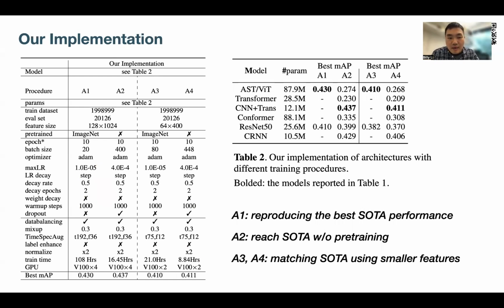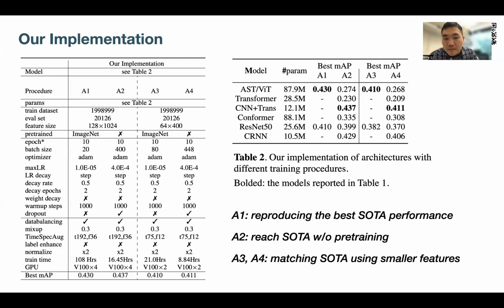Given all that intuition, we have our own implementation of six different models with drastically different parameter sizes. Interestingly, without pre-training, convolutional and transformer architectures, the eventual performance of these well-trained models can catch up with the AST and ViT equivalents, where the ViT models rely on pre-training a lot, and their eventual performance will not be too good if there was no pre-training.